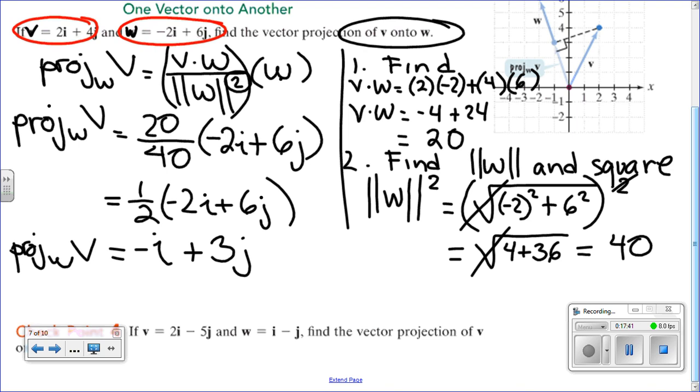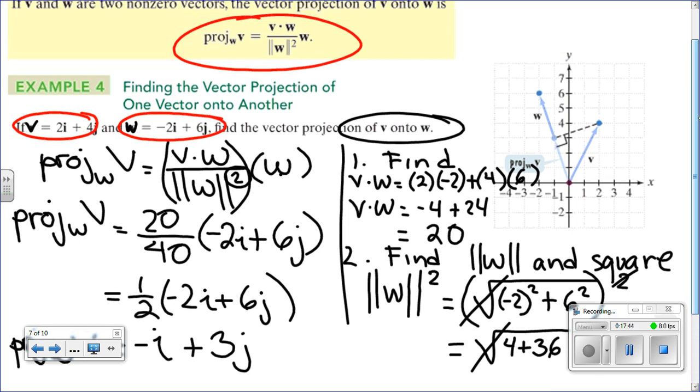Now let's look at the picture. We started with vector V here, and then we had vector W, which is here. We wanted to project the one in blue, so we trace this line.